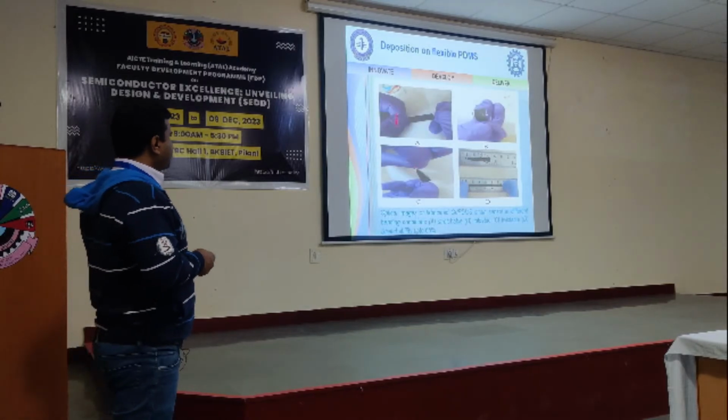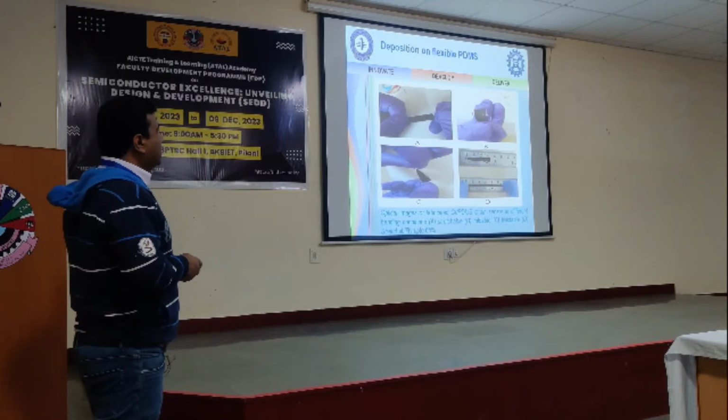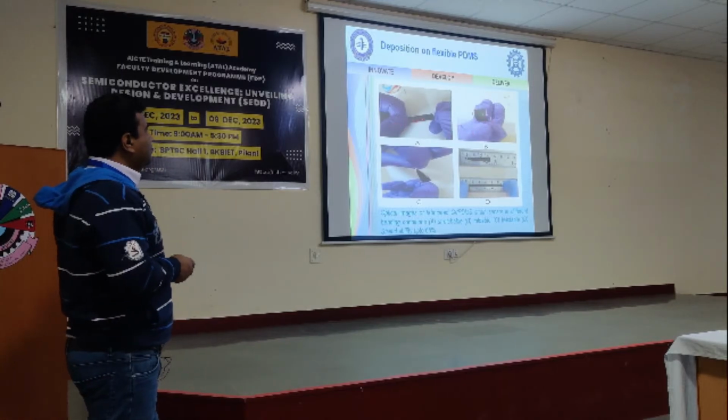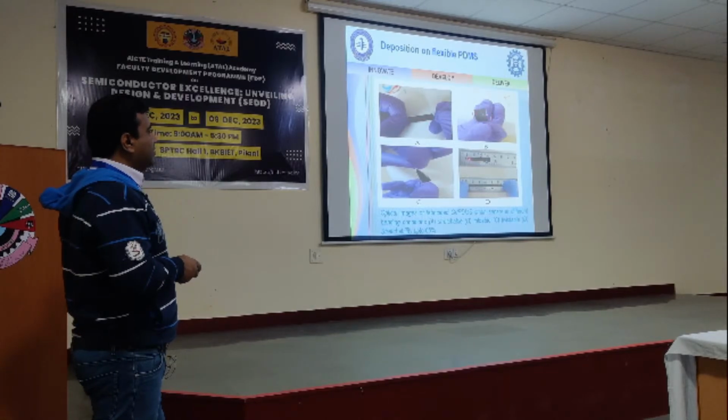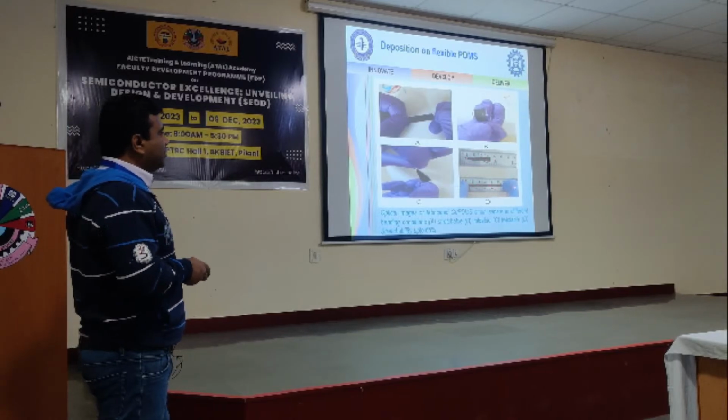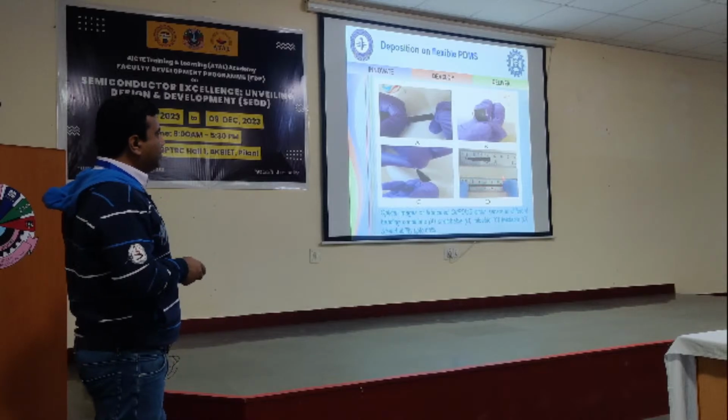Now you have to transfer the graphene onto this. This black portion is graphene, and in the bottom portion you see the flexible PDMS substrate. When no stress is applied it is like this, but when strain is applied, you can stretch the material into this region. This stretchability you found is 65% in this case.